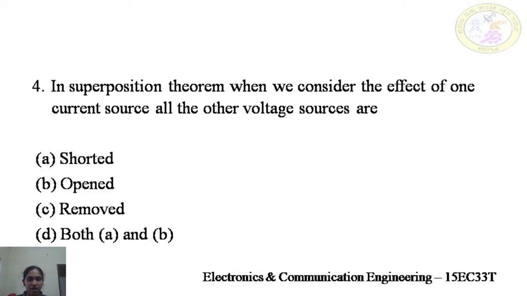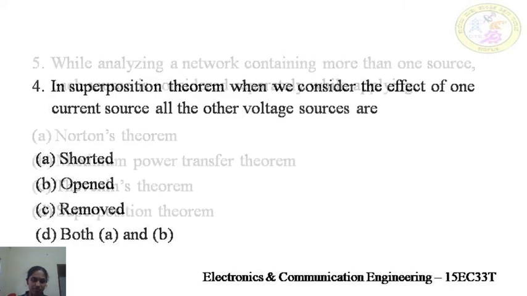Fourth question. In superposition theorem, when we consider the effect of one current source, all the other voltage sources are option A shorted, option B opened, option C removed and option D both A and B. The correct answer is option A shorted.